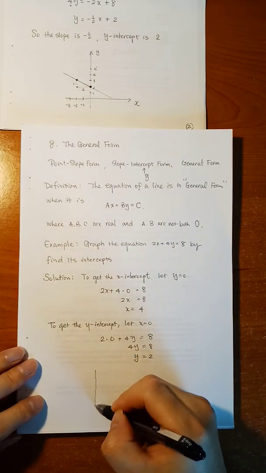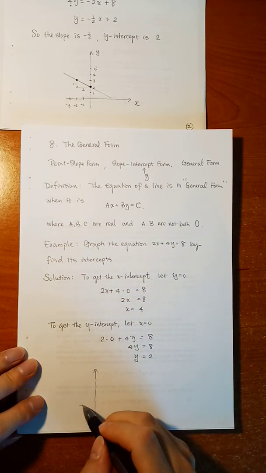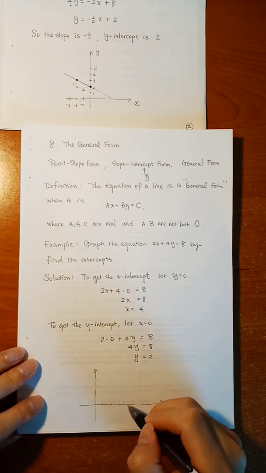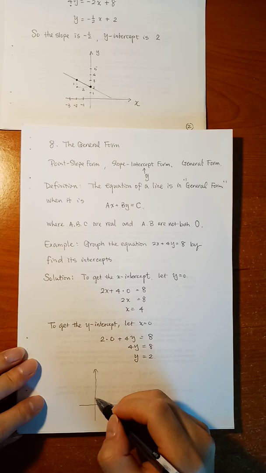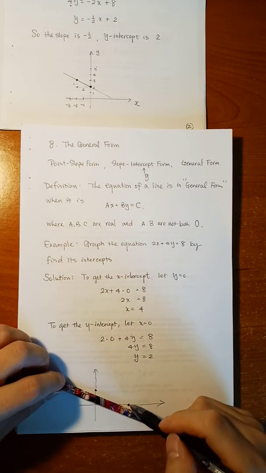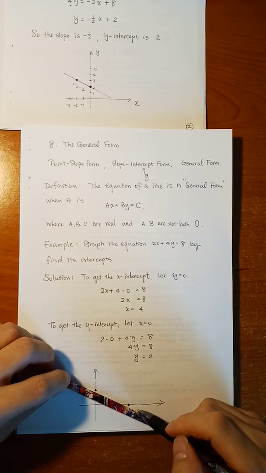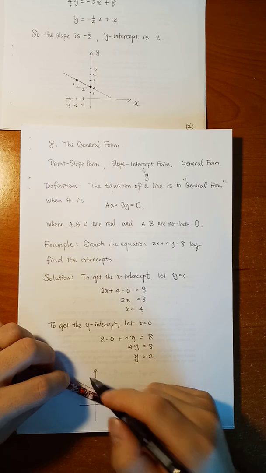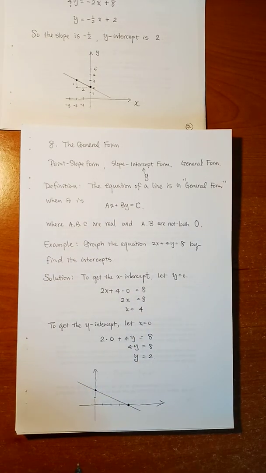Now let's see. 1, 2, 3, 4. X-intercept is 4. 1, 2. Y-intercept is 2. So you have 2 points. We know that every 2 points determine a line.